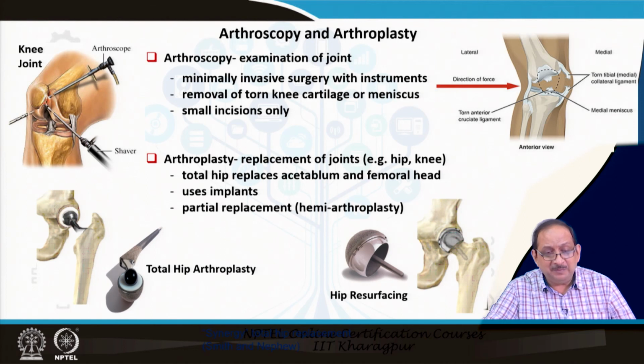Arthroplasty can be of different types. Here in the slide, total hip arthroplasty and hip resurfacing arthroplasty have been presented. Apart from the total hip and the resurfacing procedure, there can also be hemiarthroplasty, which involves partial replacement of the joint.